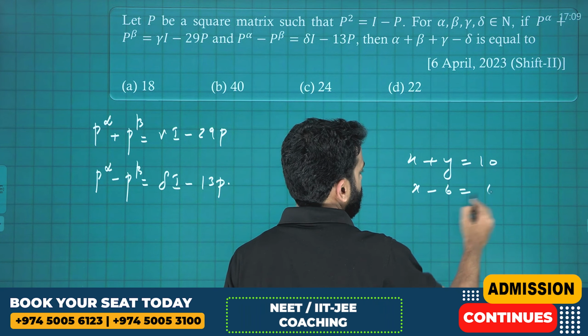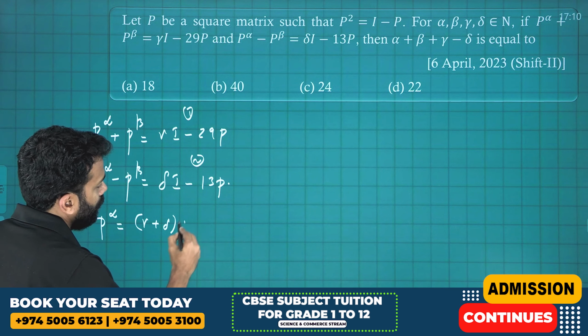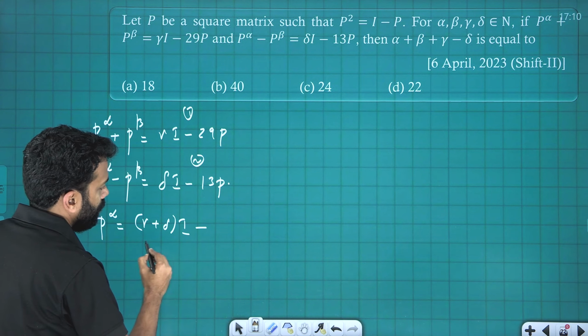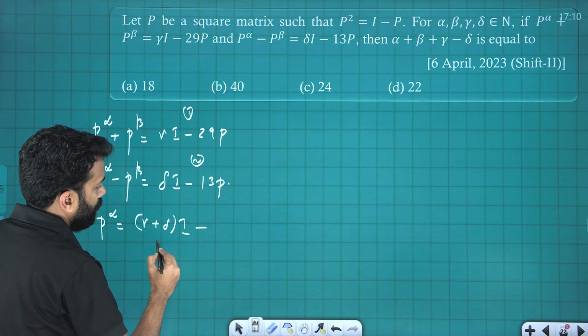So after the simplification, P raised to alpha will be gamma plus psi into I, minus 42P, by 2. Therefore, P raised to alpha will be gamma plus psi by 2 into I minus 21P.